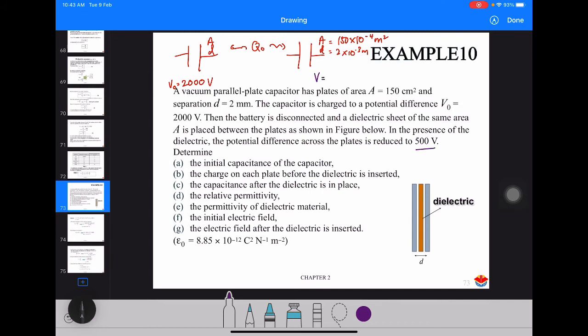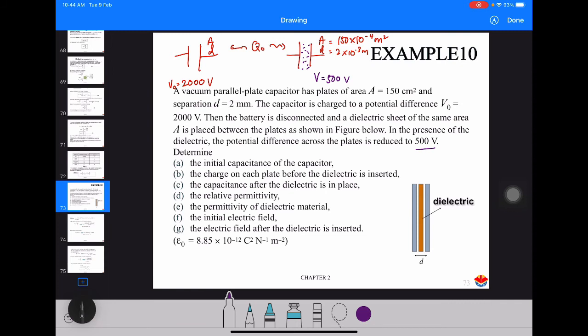So V now becomes 500 volt with the presence of dielectric materials. It doesn't state the value for the dielectric materials, so maybe you have to find that one. Okay, let's read the question. So this is basically the idea of the situation. Q remains constant because they basically pull out the battery.